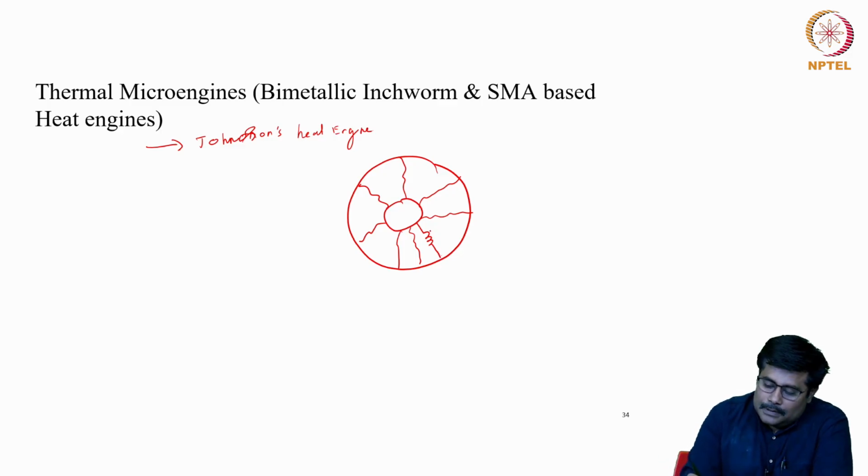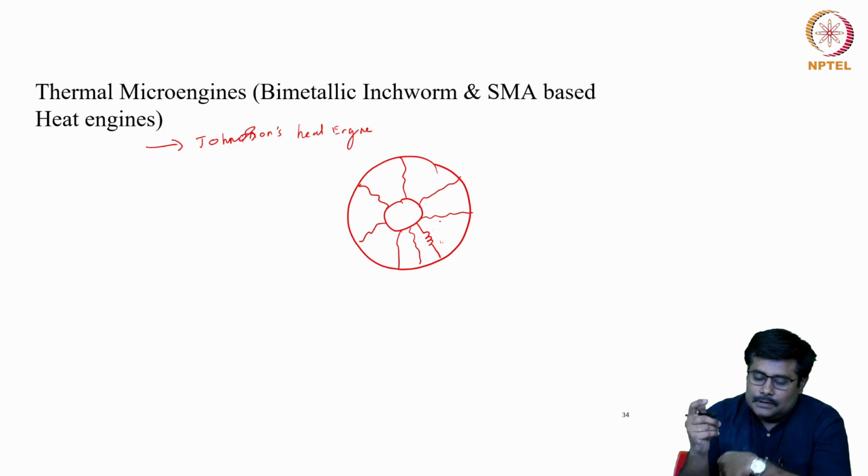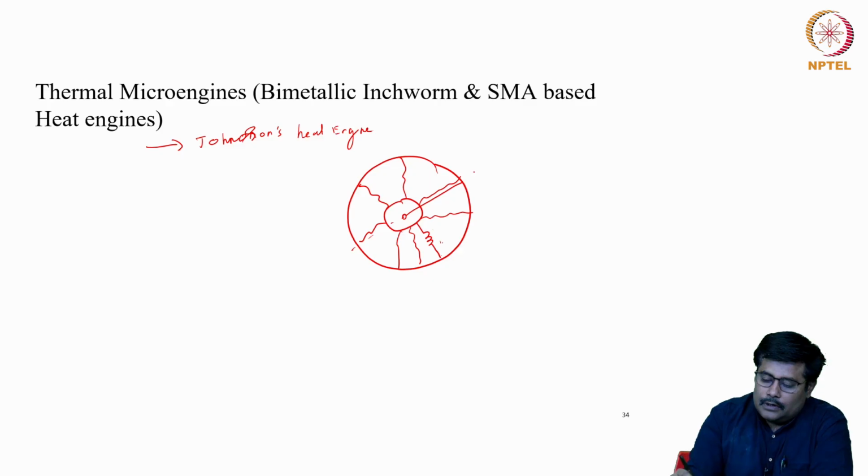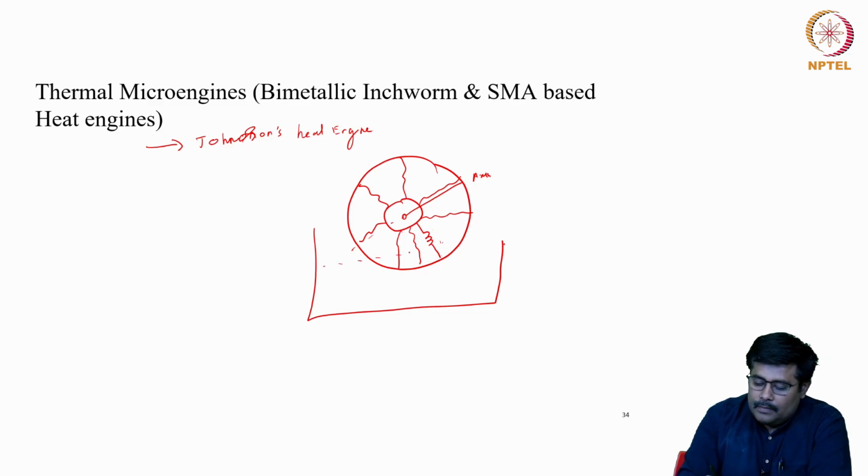What happens is this spring is in a deformed state, and this wheel is connected to an axis, and let us consider we are half immersing it in hot water.